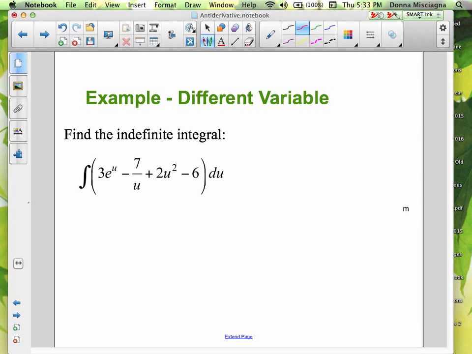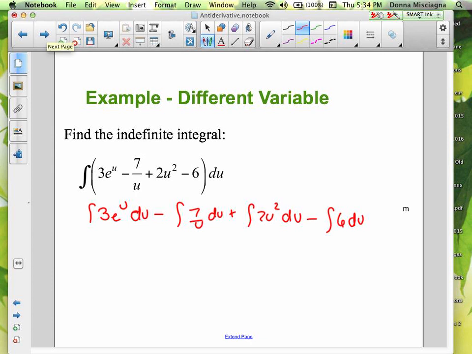So this we could split up into the integral of 3e to the u du minus the integral of 7 over u du plus the integral of 2u squared du, and then minus the integral of 6 du.